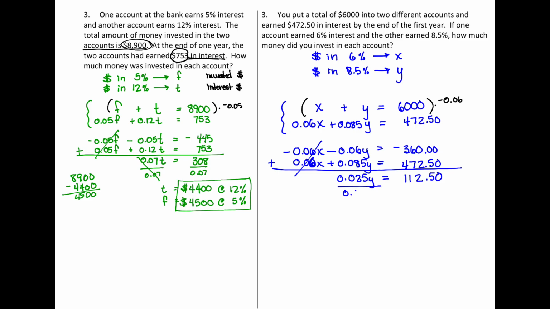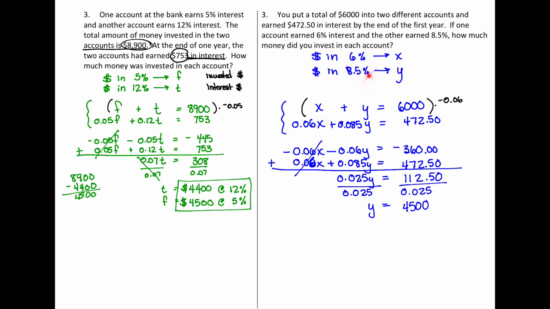Divide by the coefficient of the variable, so that is 0.025, and we end up with 4,500. Okay, so we found y. What was y?